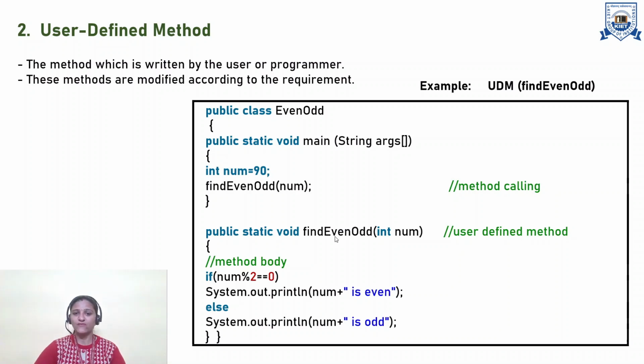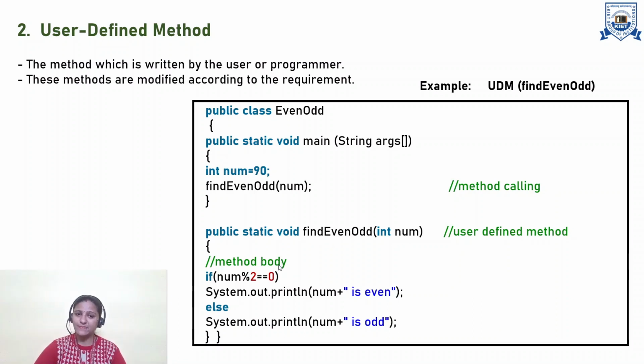So when we move to this method, it is the user-defined method. This user-defined method is going to receive one argument from here in its parameter. This is its own parameter. So it is going to receive the argument when this method is called, and it will keep it in the variable num.